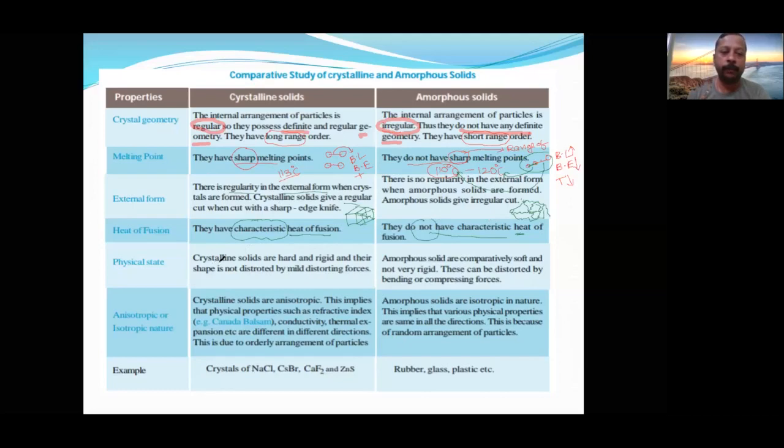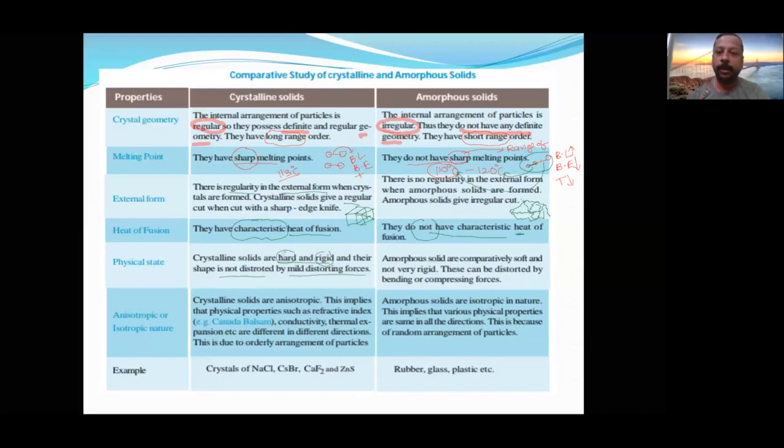Next, physical state. Crystalline solids are hard and rigid. That is good, but the main problem is they are distorted by mild distorting forces. Because of the hard and rigid nature, which bond is responsible for it?